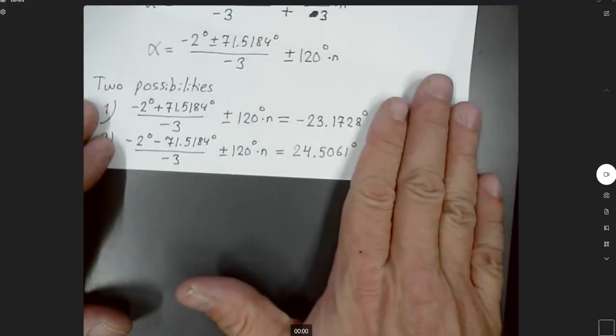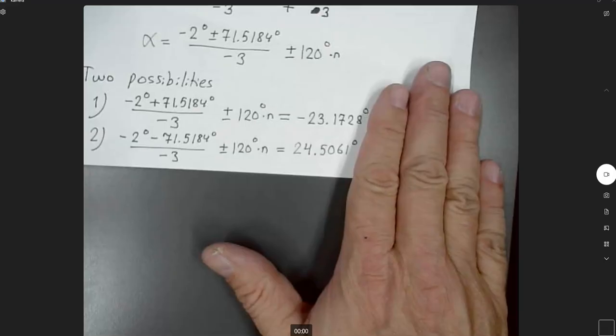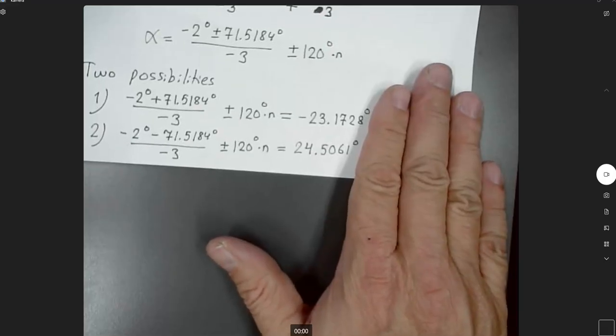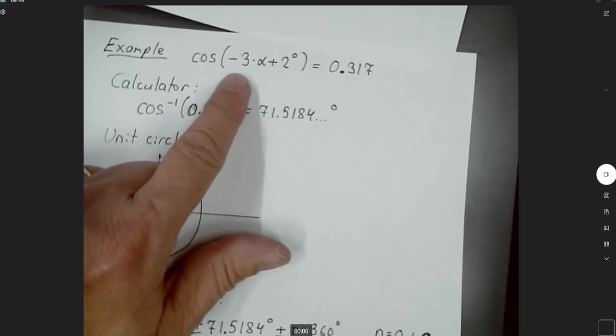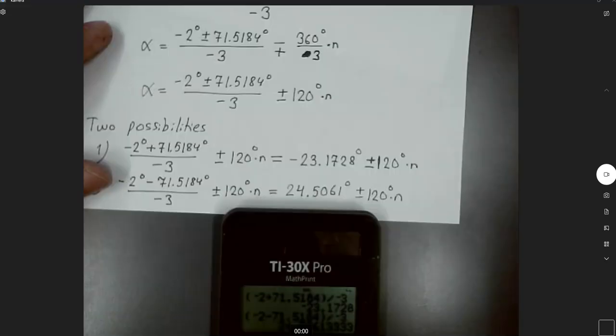So we could only use these angles there. And we have this minus 3 times angle plus 2 degrees. So let's check what we get.